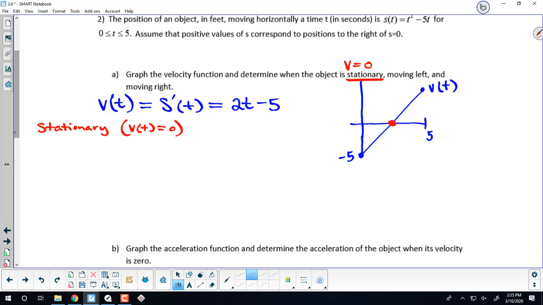Stationary when the velocity is 0. That's stationary then at time equals 5/2 seconds.